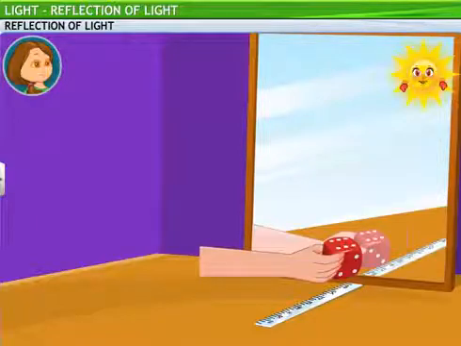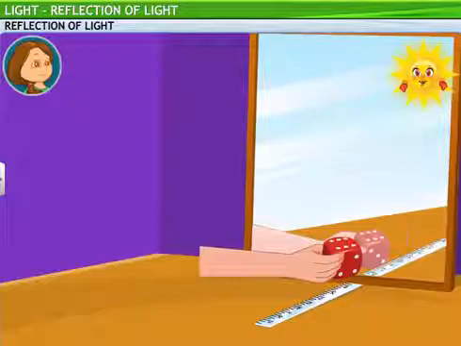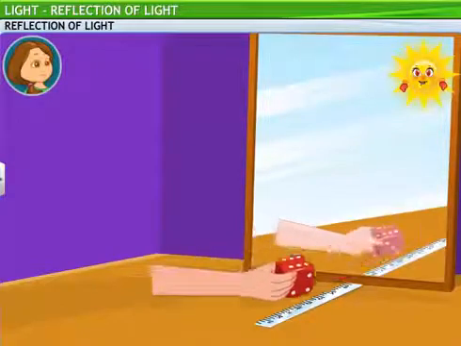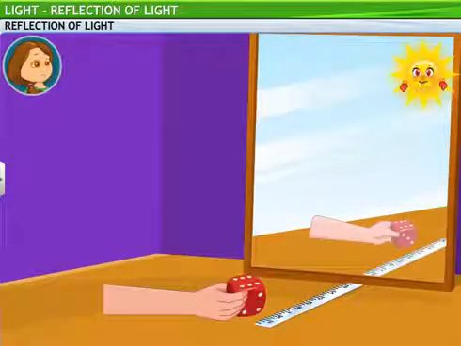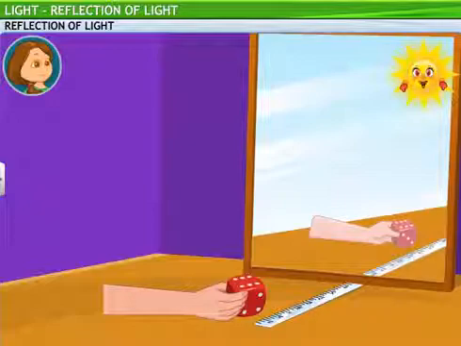What happened to the image when you moved the dice closer to the mirror? Oh, you're right. I can tell from the reading on the scale that the image is now closer to the mirror. That's right. And if you move the dice away from the mirror, the reverse will happen. The image of the dice will move away from the mirror by the same distance.